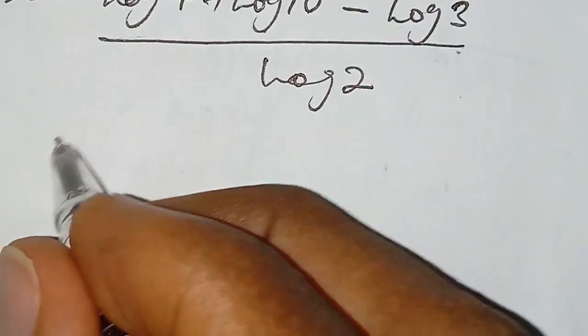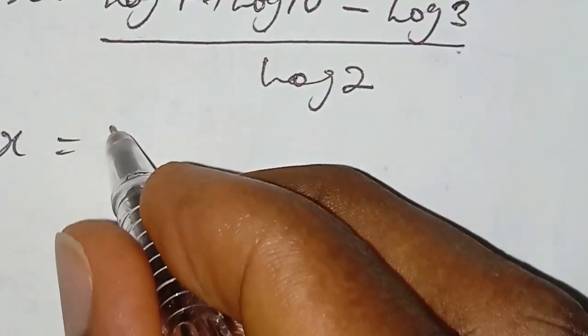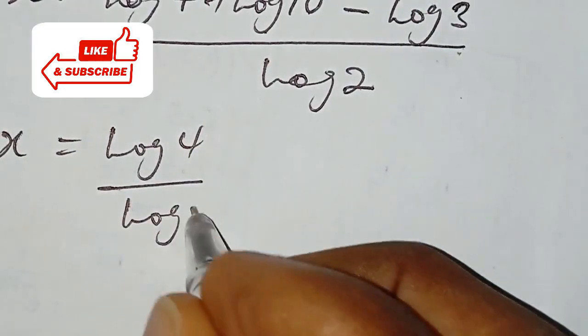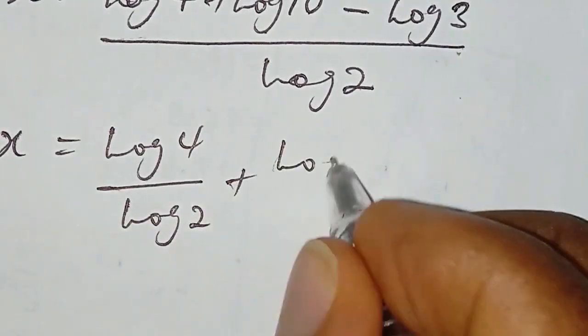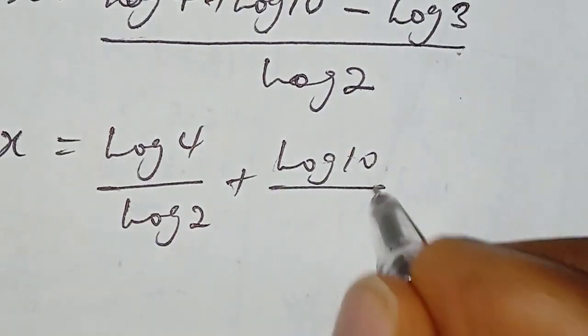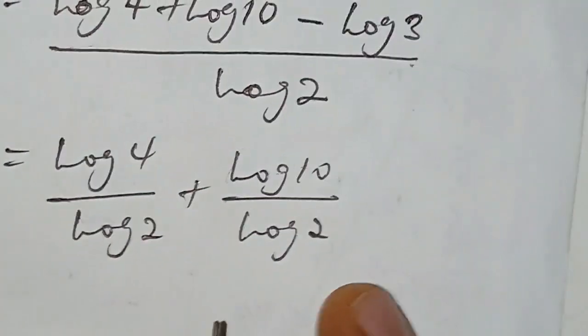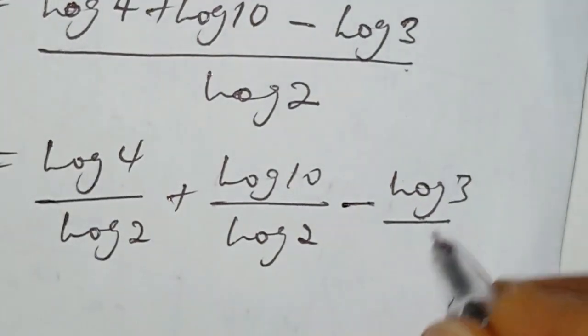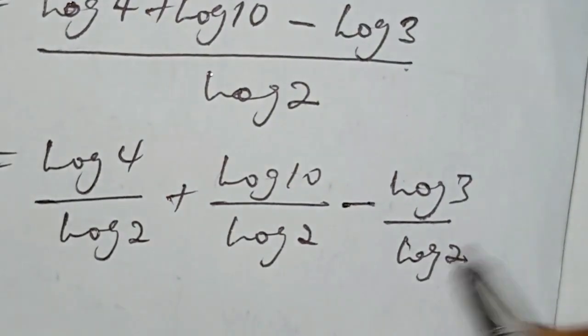Now we can put this in this form: x will be equal to log of 4 over log of 2 plus log of 10 over log of 2 minus log of 3 over log of 2.